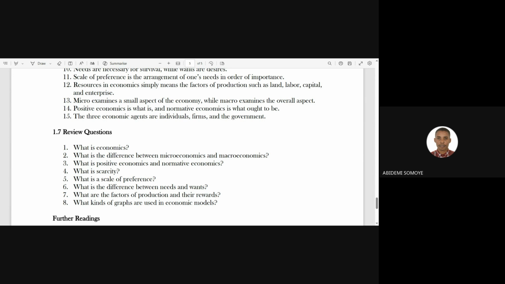So let me ask you some questions. What are the factors of production and their rewards? Of course, you should know that. Do you have an idea, Kayakers?